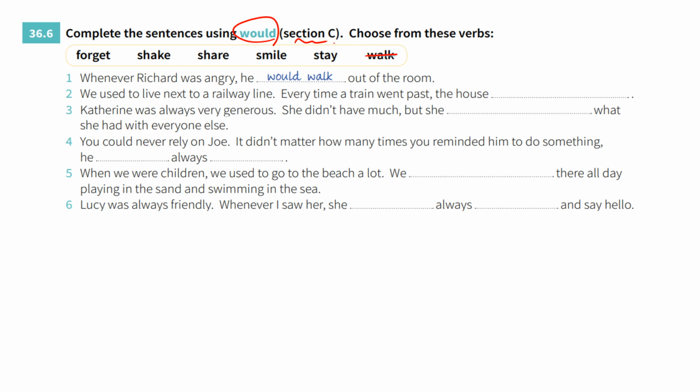So this is a past habit on a regular basis. We used to live next to a railway line. Every time a train went past, the house would shake.